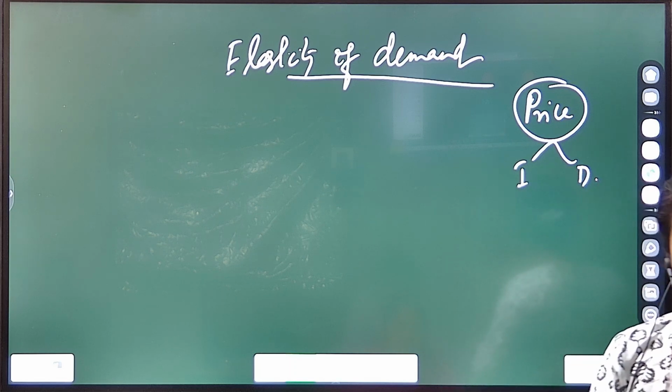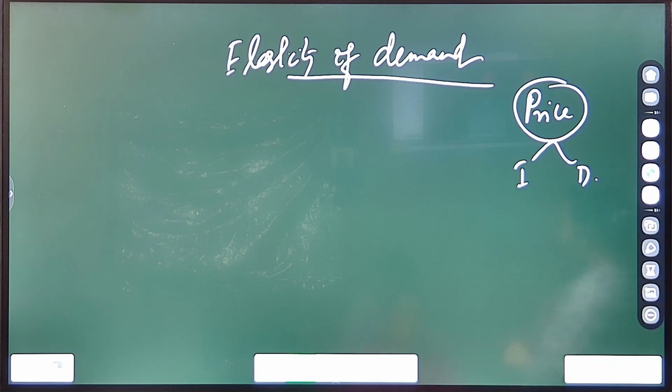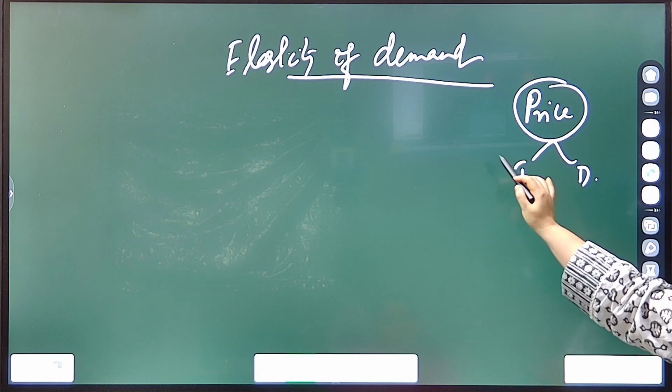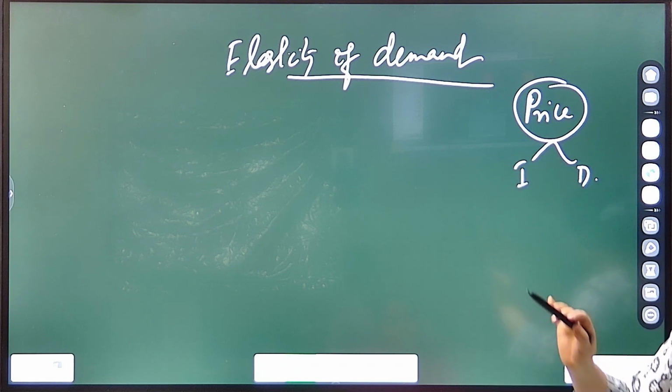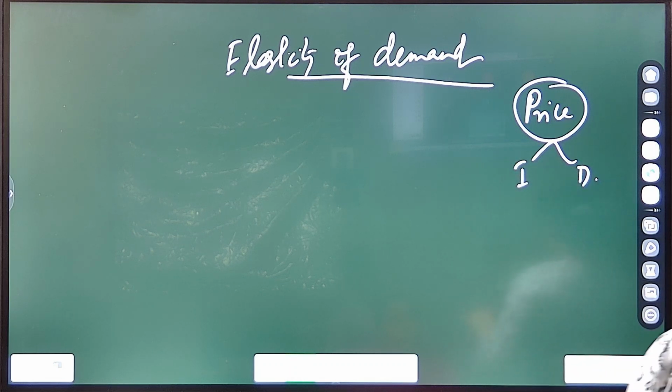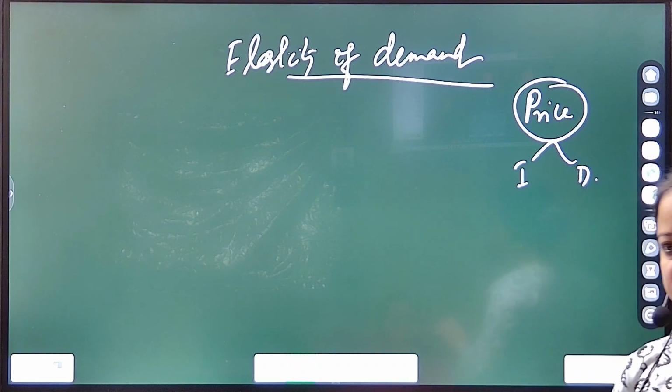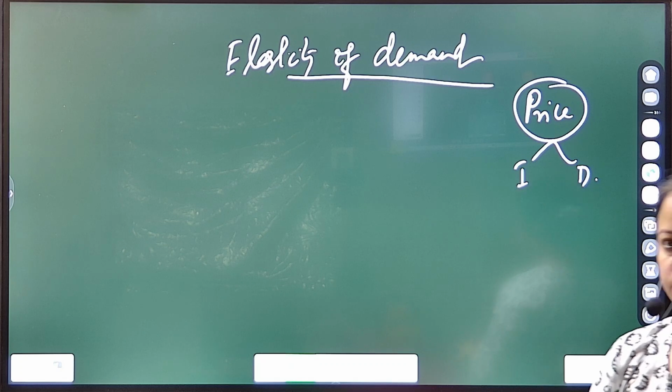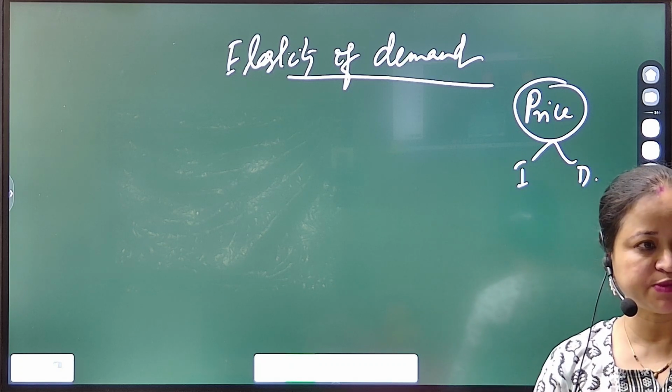So whenever there is a change in any of the factors, and due to that demand increases or decreases, that is called elasticity of demand. And price elasticity of demand means what?